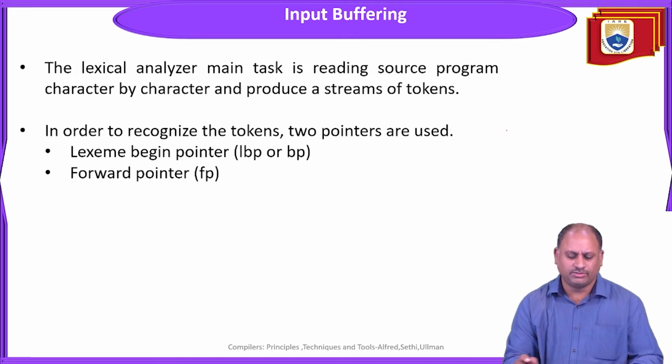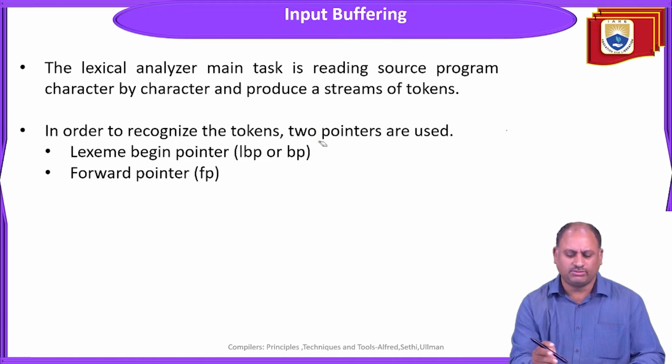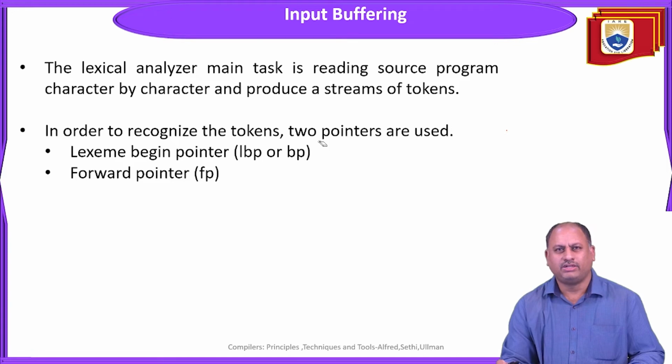It generally uses two pointers, one called the lexeme begin pointer and the other the forward pointer. These two pointers are kept so that scanning of the characters from left to right takes place, and then it recognizes whether the corresponding input is a lexeme or a valid identifier.